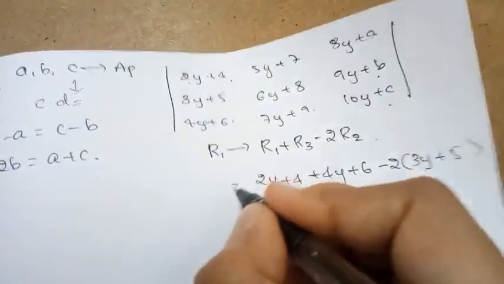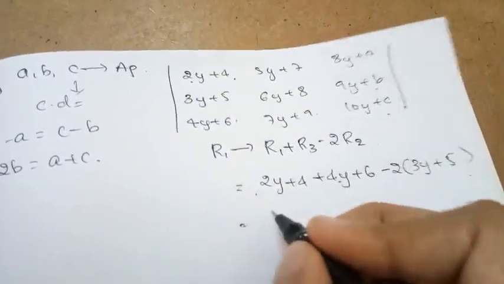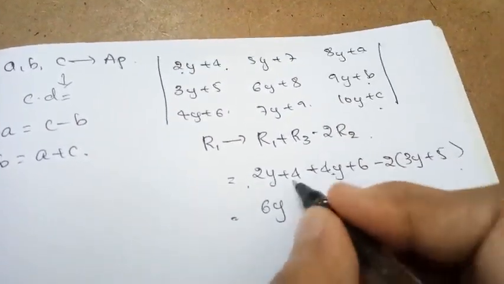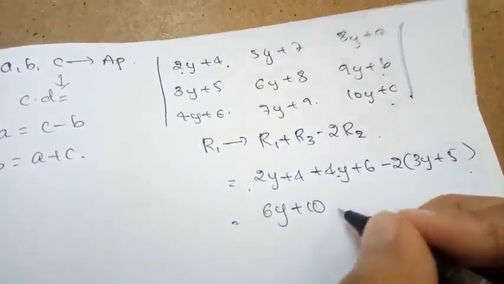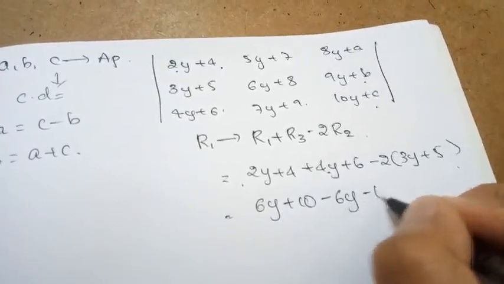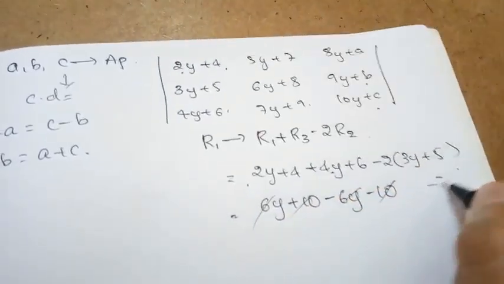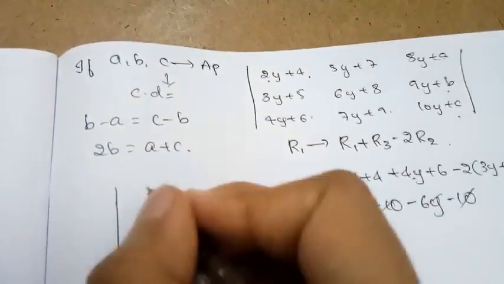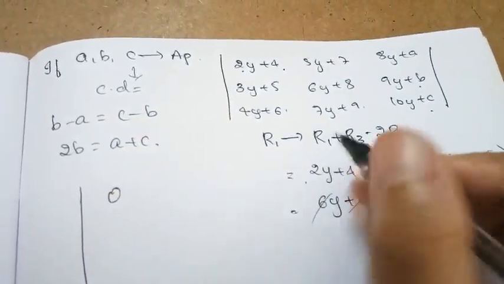So it is nothing but 4y plus 2y, it is 6y, 6 plus 4 it is 10, here again minus 6y minus 10 cancels, which is equal to 0. So what happened? Our first element of the first row is 0.